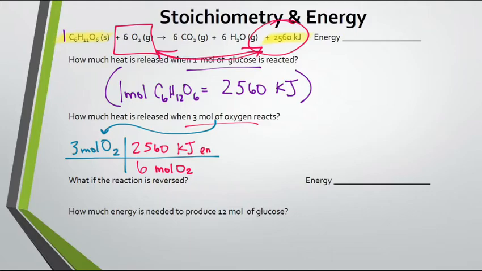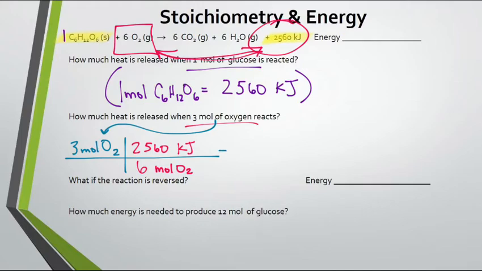But if you want to make sure that you have 3 things in each space, then for our substance, we could just say energy instead of a formula. So 2560 kJ energy. But we don't have to. The minimum is just number and kJ there.